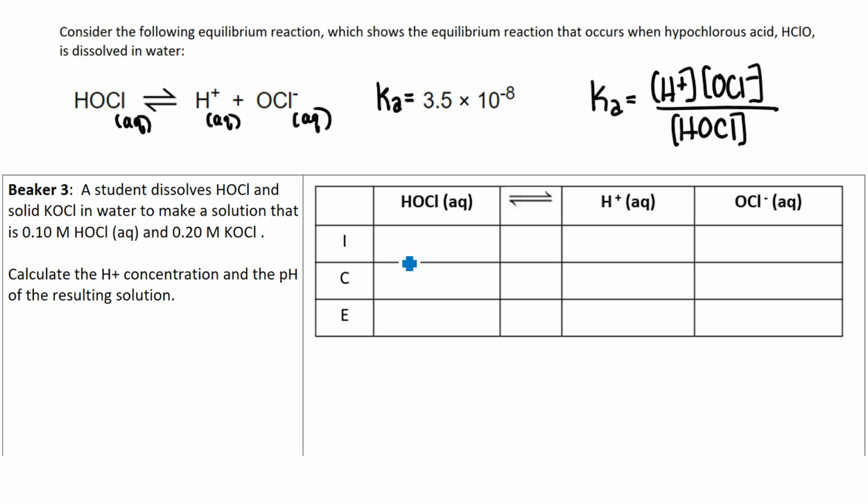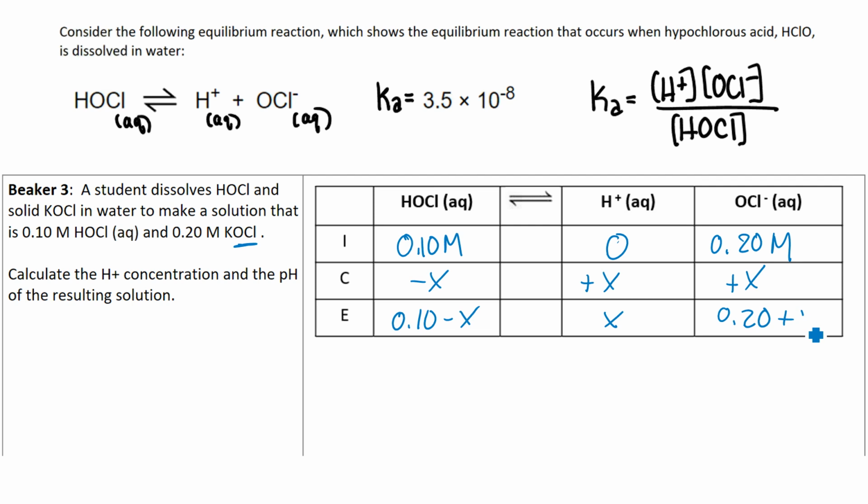We're starting out with 0.1 molar HOCl, and this time we also have this common ion, but now it's 0.2 molar instead of 0.05. So we're going to see maybe an even bigger impact on my equilibrium here.